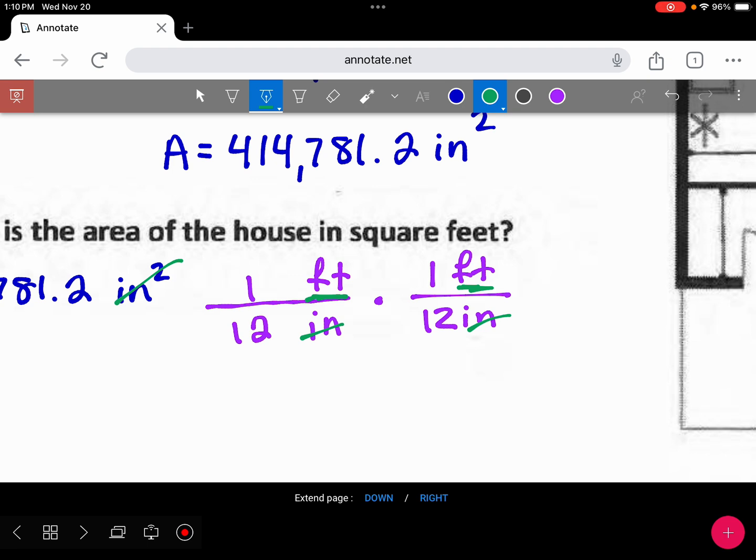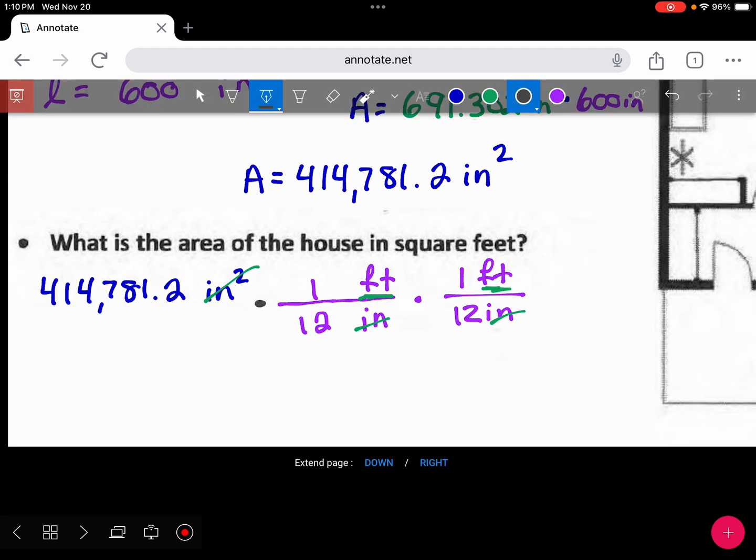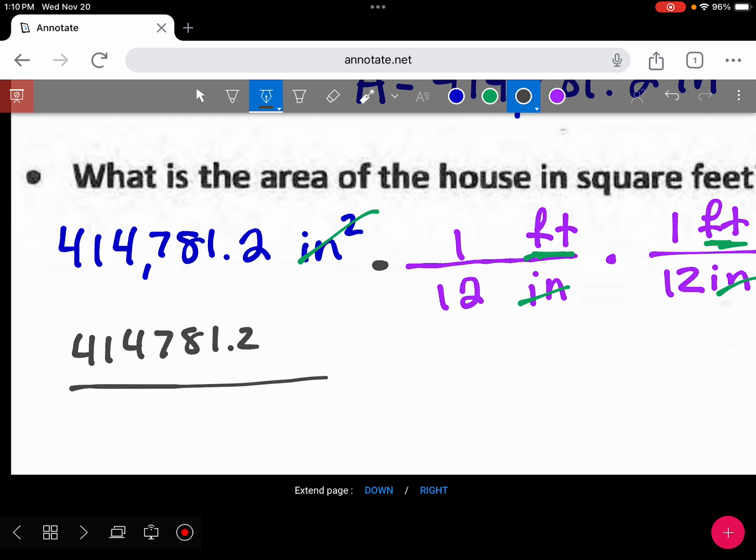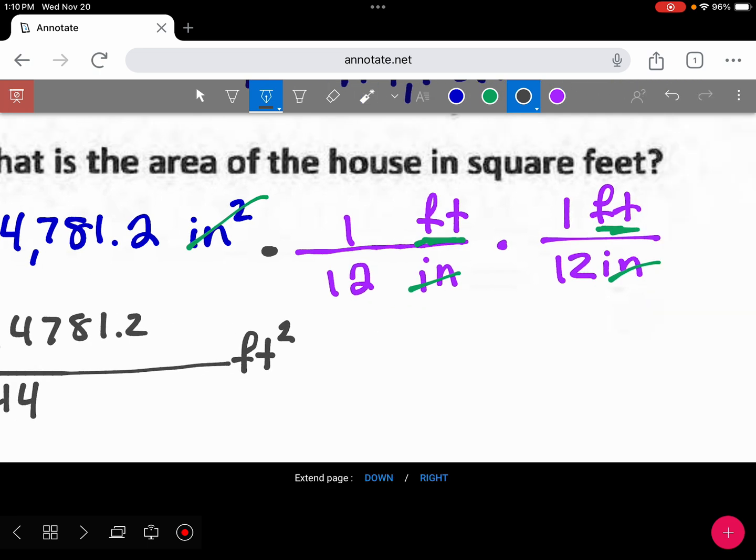So when we do this and we multiply across, we're going to wind up with our 414,781.2 over our 12 times 12, which is 144. And our only unit left is feet times feet, which is feet squared. And while this is technically correct, it's not super helpful, so let's type it in the calculator.